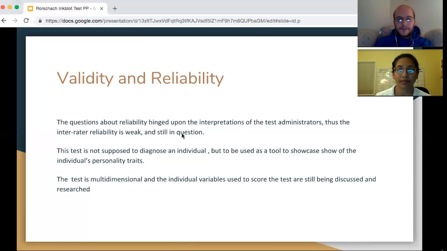This test is not supposed to diagnose an individual, even though that's what Rorschach intended at the beginning. But he then realized, and so did a lot of others, that this test was just kind of shown to show an individual's personality traits. This test is multidimensional. As I mentioned, there's a lot of variables involved, and so you can't really discern the reliability based on just one variable.